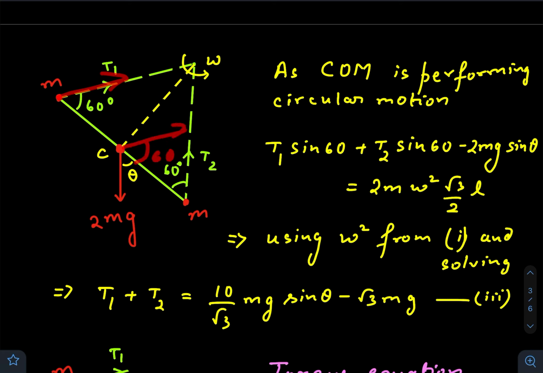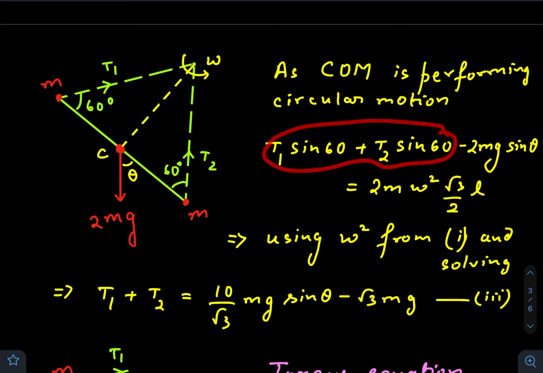This angle would be 60, so T1 sin 60. Similarly draw this T2 here. Just take the component towards the center. So T1 sin 60 plus T2 sin 60 minus 2 mg sin theta equals 2m omega square, that is 2m omega square L, this length.